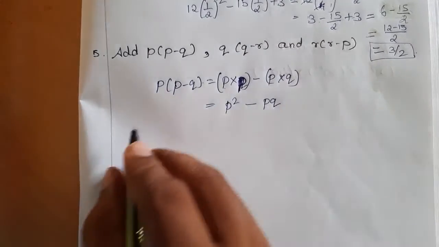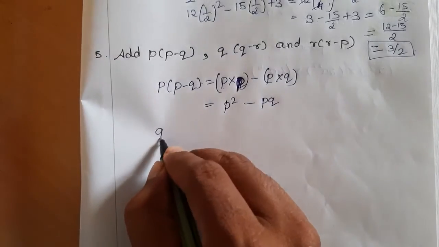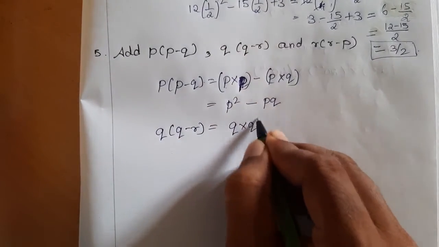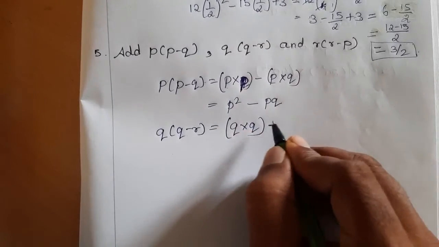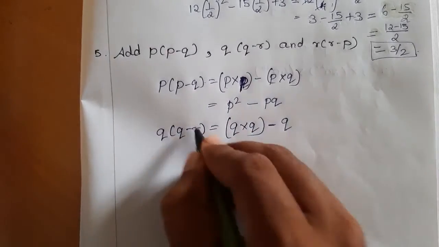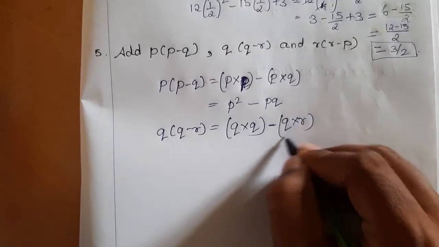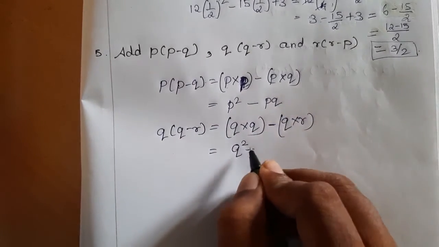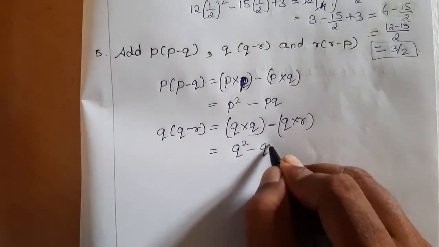So the second expression is q into q minus r. So q multiplies the first term, minus q multiplies the second term, q into r. So q into q is q square, minus q into r is qr.